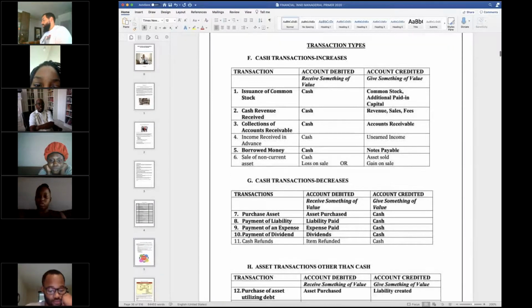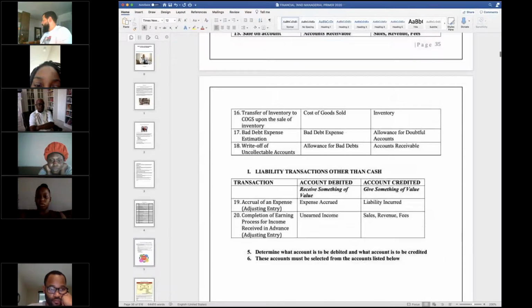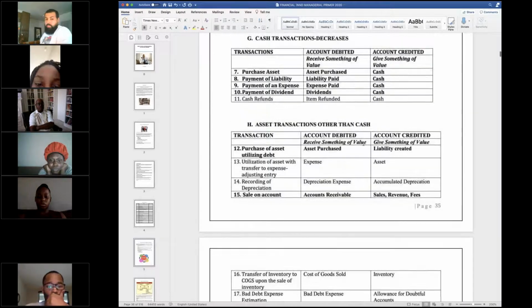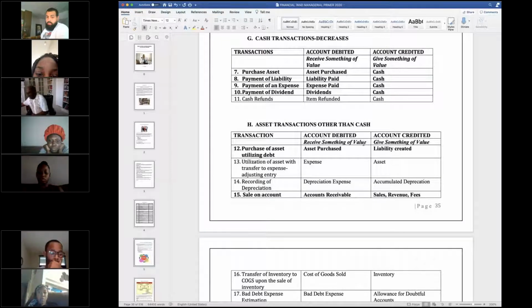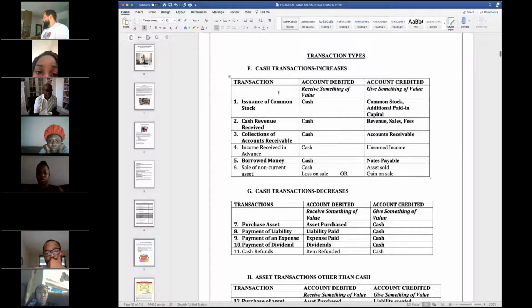And then I created for you 20 journal entries for Principles 1. And with those journal entries, I told you what the debit and what the credit. So we had a cash transaction, cash coming in. Cash is always debited. That's what you receive, the value.